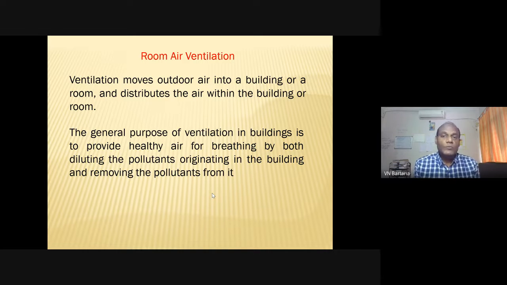Why is it more polluted? Indoor air is more polluted because we spend a huge amount of time indoors, and because of different human activities within the indoor space, we are polluting the indoor environment. We are using the kitchen, we are burning fuel, we are breathing.